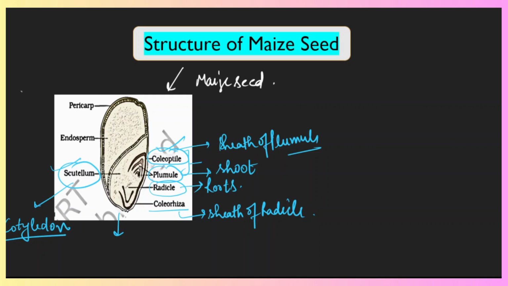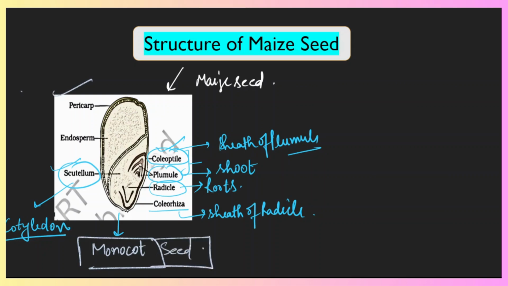We have discussed that the scutellum is present in the monocot embryo. Why monocot? Because the scutellum contains a single cotyledon. That's why it comes under the monocot embryo. So this is the structure of the maize seed.